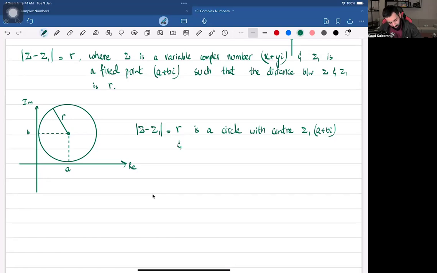This can also be given to you as |z - (a + bi)| = r. If it's not given to you like this, then make sure you first write it like this so that you can determine the center and the radius. So here the center will be (a, b) and the radius will be r.